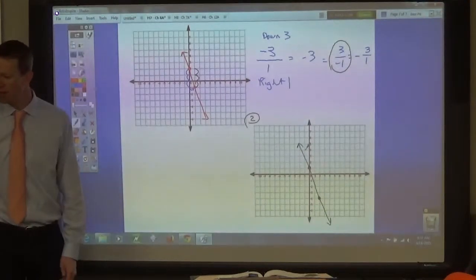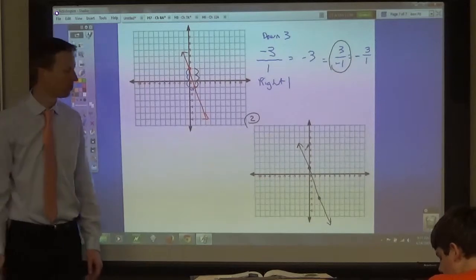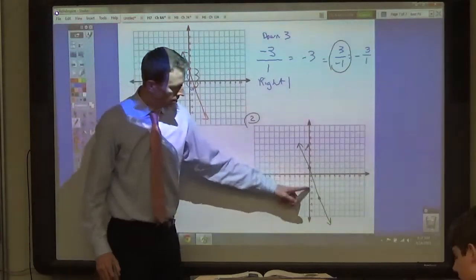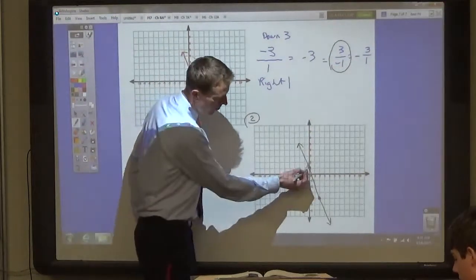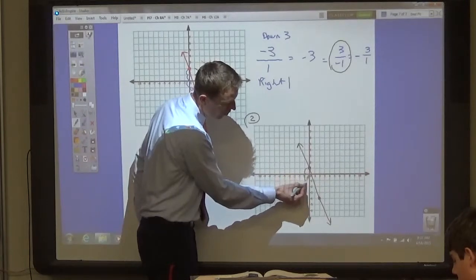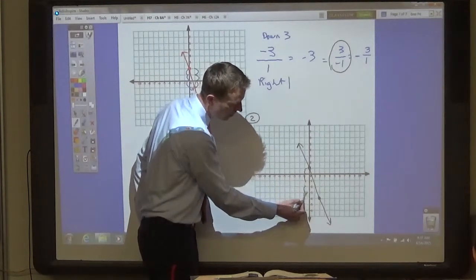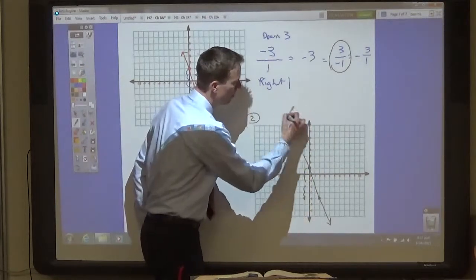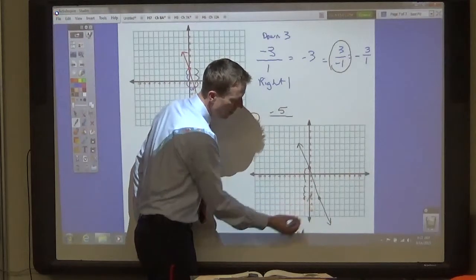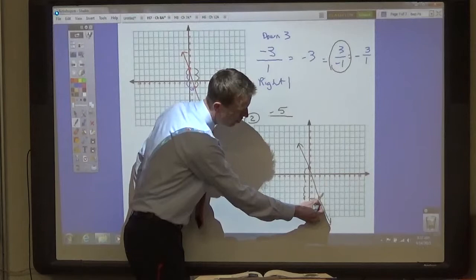So mark those points on number 2, and then count. Chase? You either can go down 5 or up 5. Let's do down 5, since that's the one going to the right. So we count 1, 2, 3, 4, 5, and then you go over to the right 2.